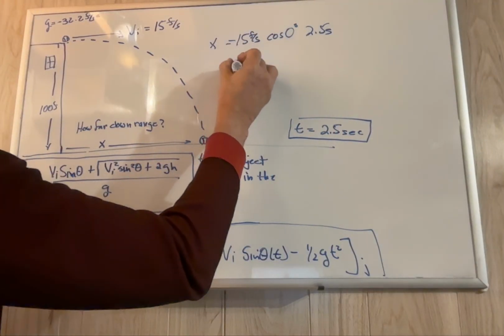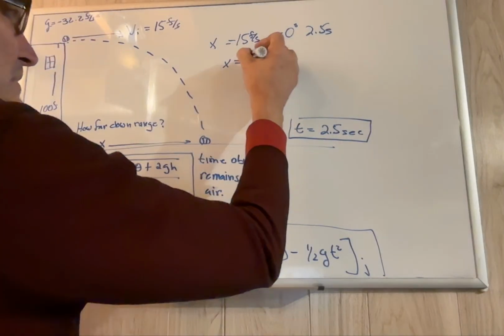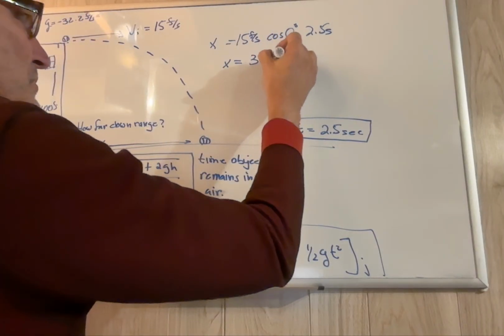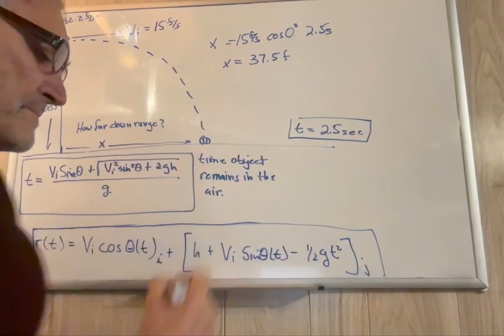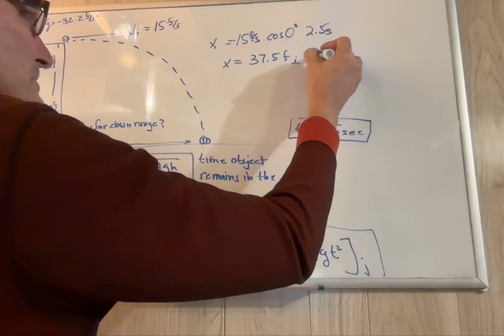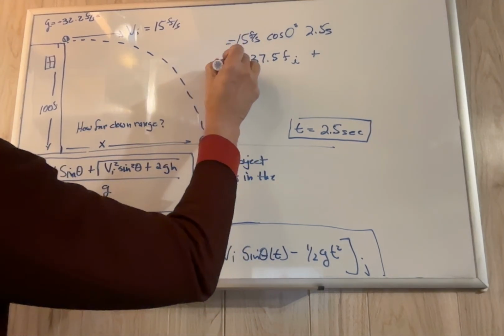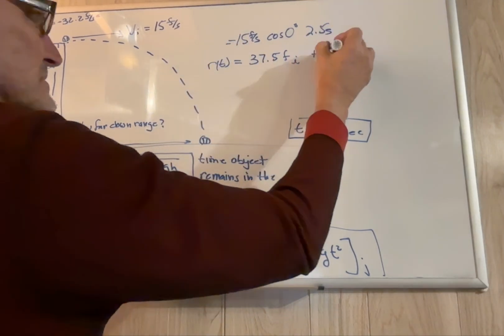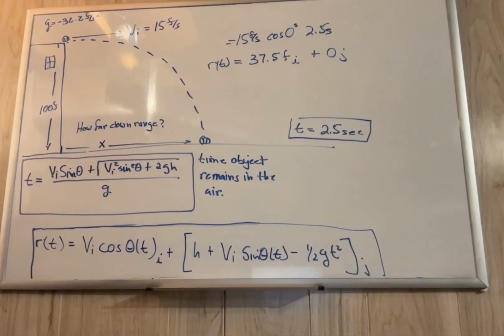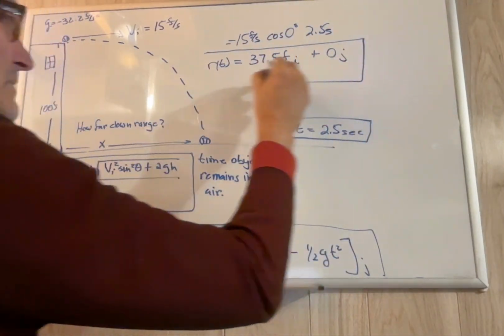Our downrange is going to end up being about 37.5 feet. This would be our I direction, and if you want to put R of t here, you can. This would be 0 J. So this would be our time function for this particular problem.